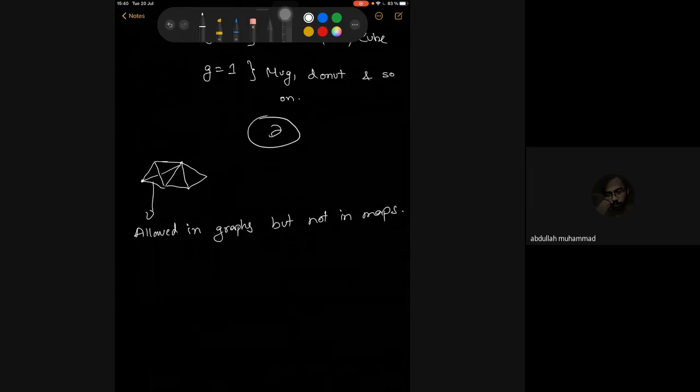And isomorphic to disks means you can deform this. For example, if this is a face, we call this a face of a map.